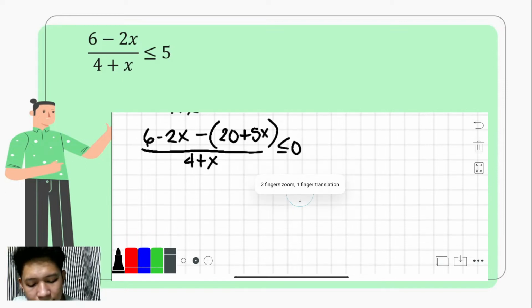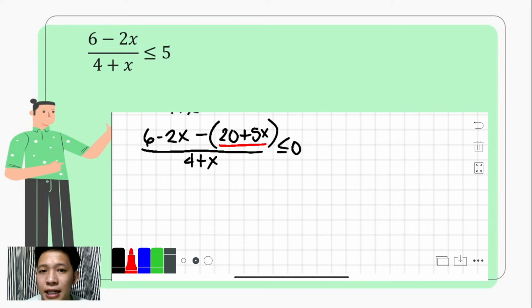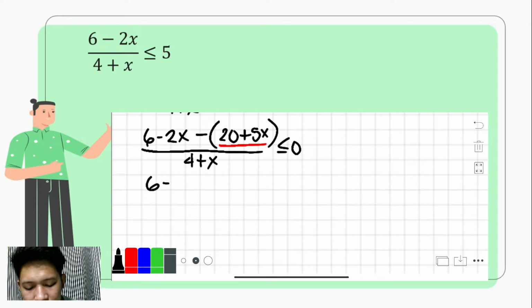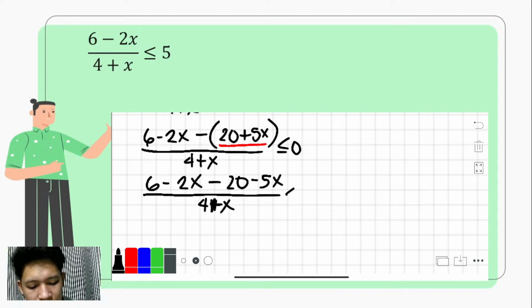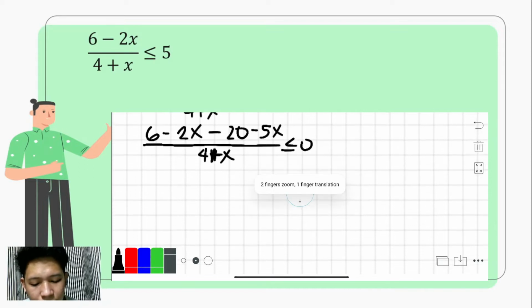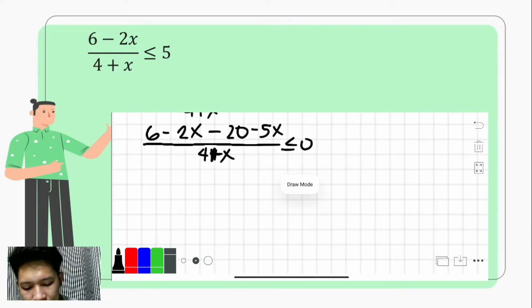And then after this, we omit the parentheses by changing all the signs of those terms inside the parentheses. So this will be 6 minus 2x, then minus 20, then minus 5x over 4 plus x is less than or equal to 0. And then we simplify. So we have yung kamukha ni 6, that is negative 20.